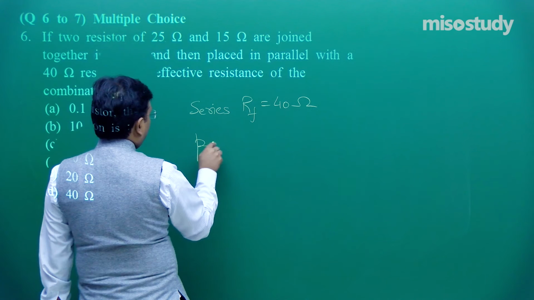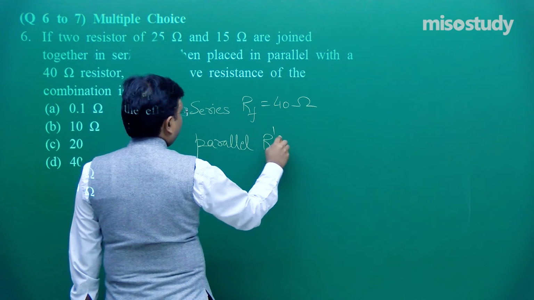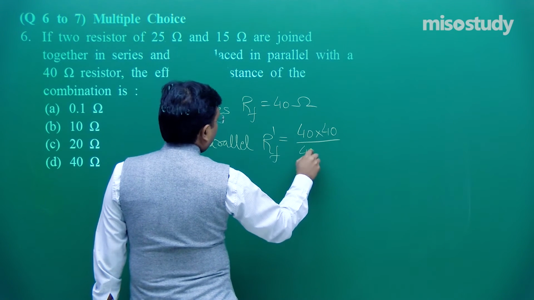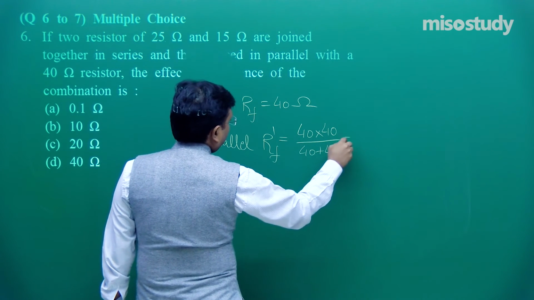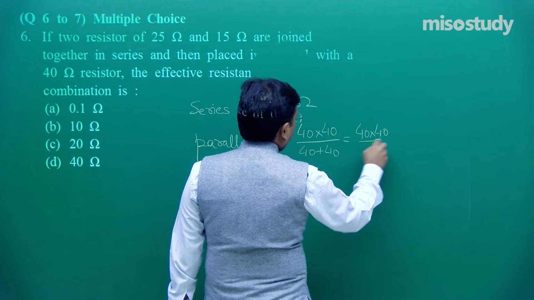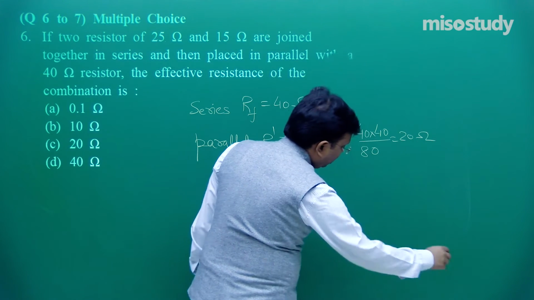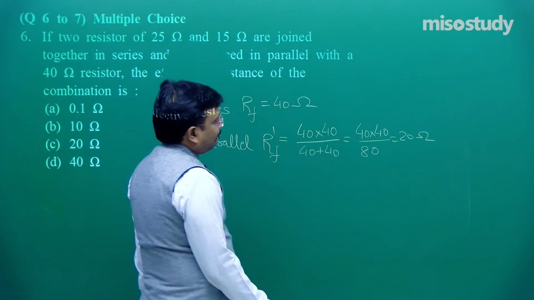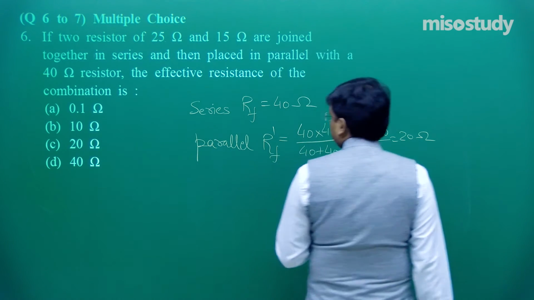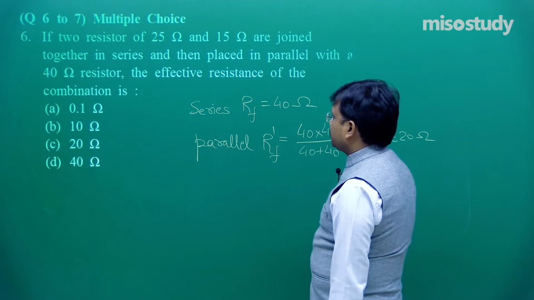So, in parallel, RP is equal to 40 into 40 upon 40 plus 40. That will give me how much? 40 into 40 upon 80, that is 20 ohm. Fine. This is the answer. Now, the effective resistance of the combination is how much?